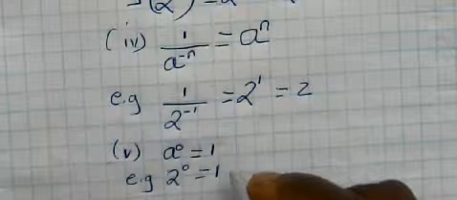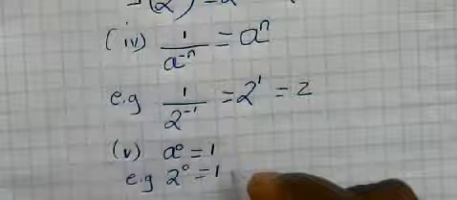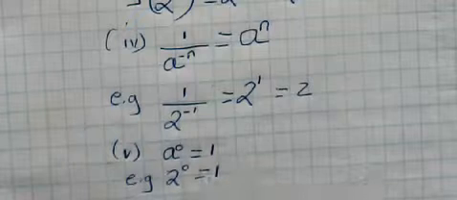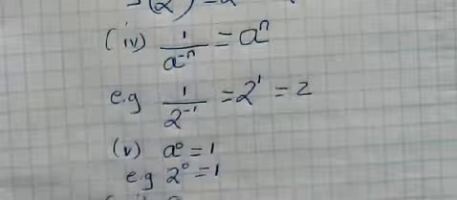The last rule of indices, the sixth one: a raised to power n multiplied by b raised to power n.